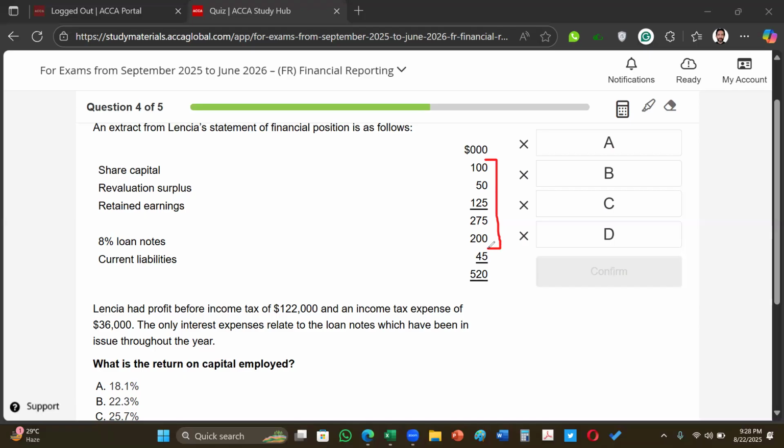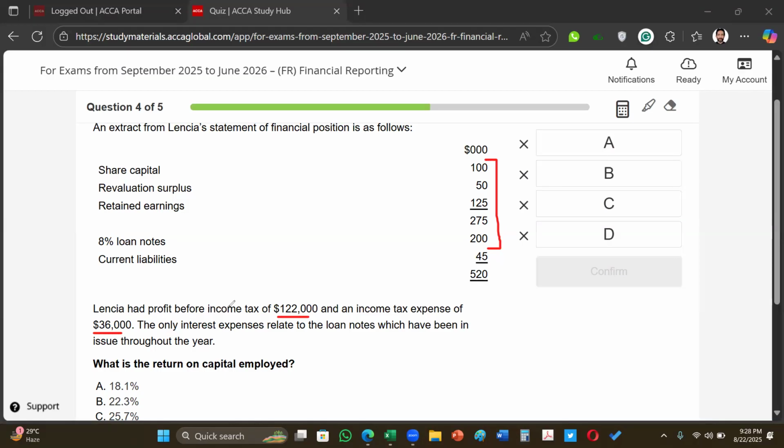So this is the denominator, and then you have the information for the numerator, which is the operating profit. Lencia had profit before income tax of 122,000 and an income tax expense of 36,000. The only interest expense relates to the loan notes which have been in issue throughout the year.